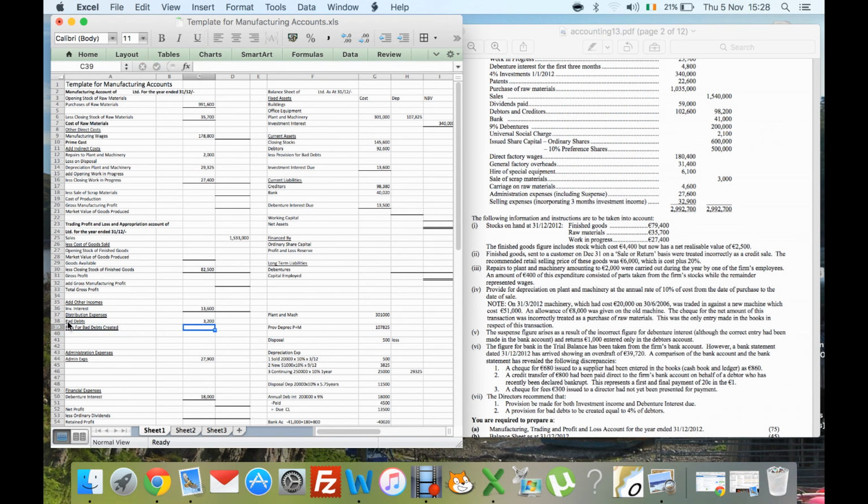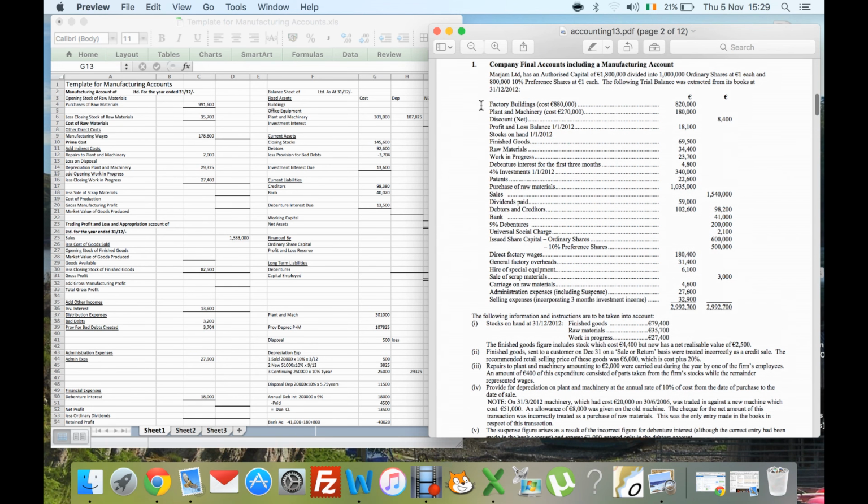The debtors is 92,600, and the provision is going to be 4%. So 3,704 is my new provision for bad debts, and I'll have that up here as a minus against the value of my debtors.